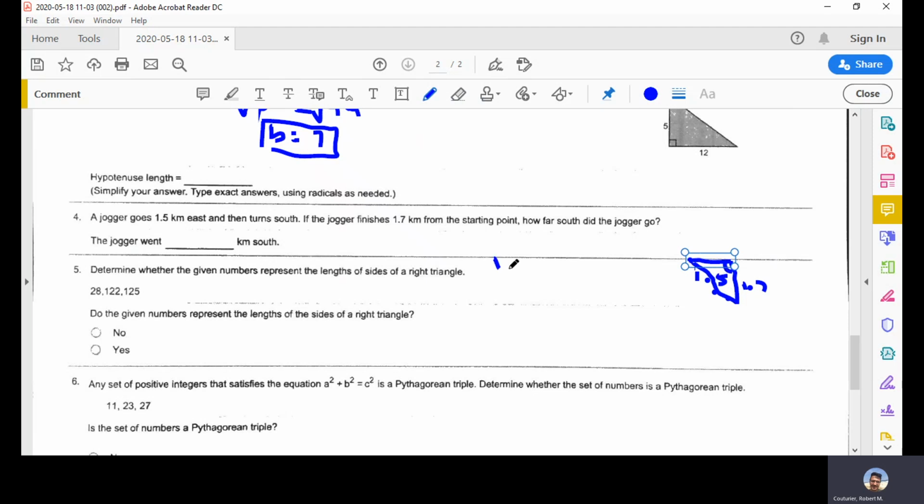So you have 1.5 squared plus 1.7 squared equals c squared. And guys, the rest of this, it's all calculator. Okay, so you're going to put 1.5 and you're going to square it. You get 2.25.